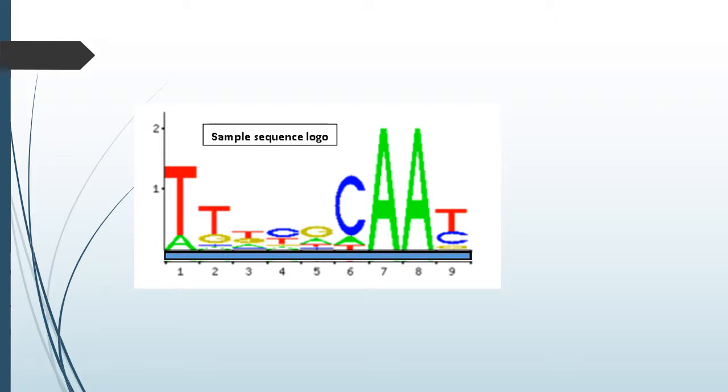Therefore, the height of each letter in a logo position is proportional to the observed frequency of the corresponding amino acid in the alignment column. The letters of each stack are ordered from most to least frequent, so that it is possible to read the consensus sequence from the top of the stacks.